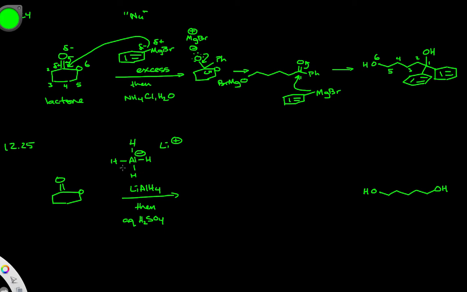Aluminum does not like to be negative, so it is going to donate this hydrogen as hydride. The electrons in this bond will attack that carbonyl carbon, much the same way as the Grignard attacked the carbonyl in question 24.